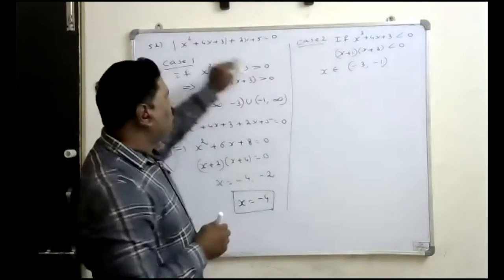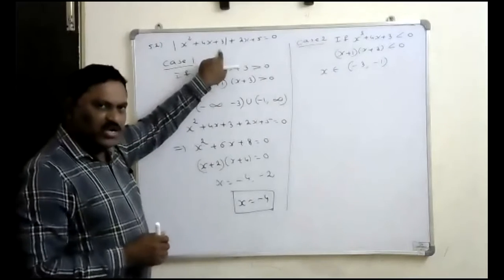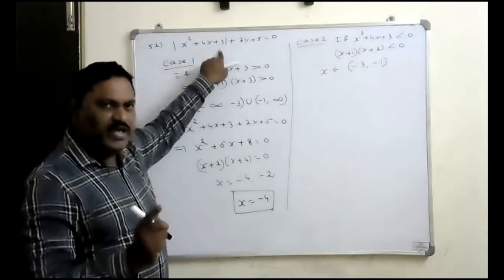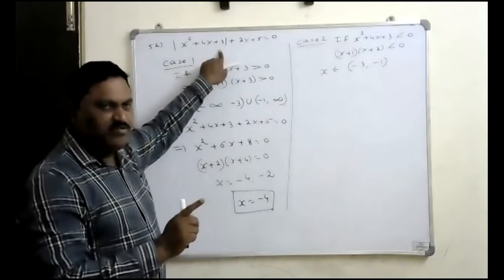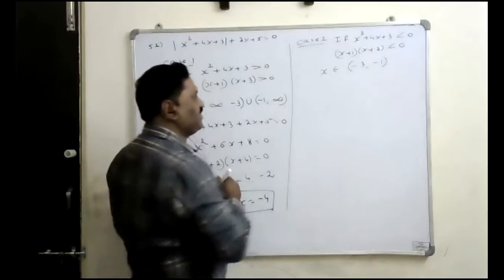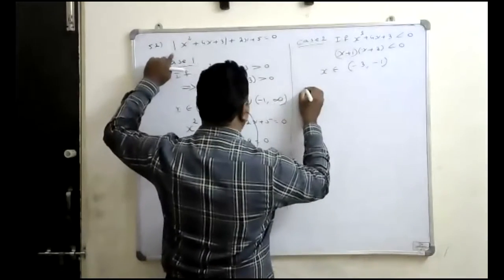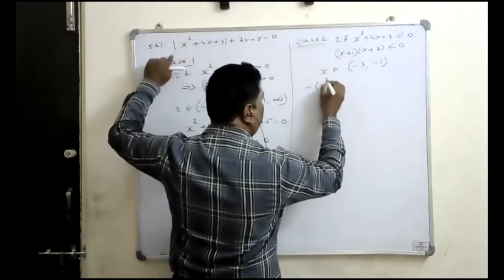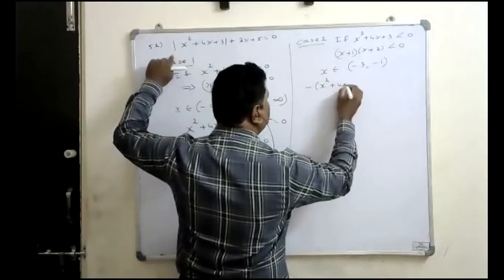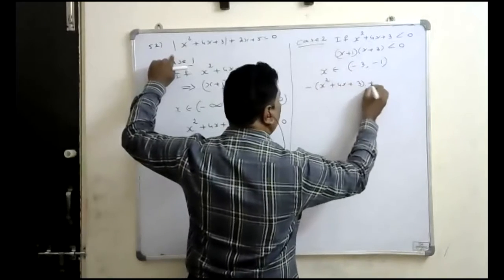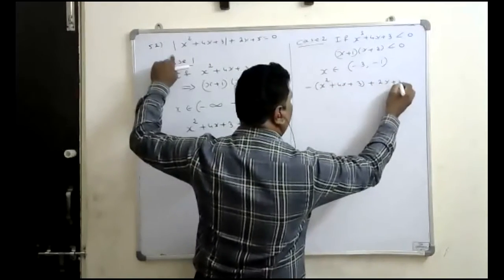Now, if that expression is negative, we know that when x is negative, mod x is equal to minus x. If you remove the modulus, we have to take the minus sign. Therefore, to remove the modulus, we have to take minus of x square plus 4x plus 3, plus 2x plus 5 is equal to 0.